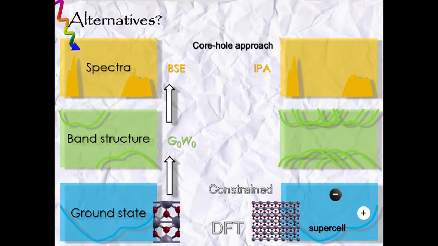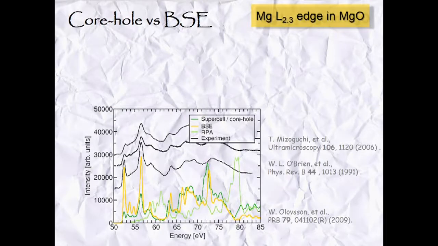But having the, let's say, probably more exact tool in hand, we can now probe how good this approach is by stringent comparison. So this is one example: the L2,3 edge of magnesium in magnesium oxide. First of all, forget about the independent particle picture. This light green curve doesn't give you the right thing.